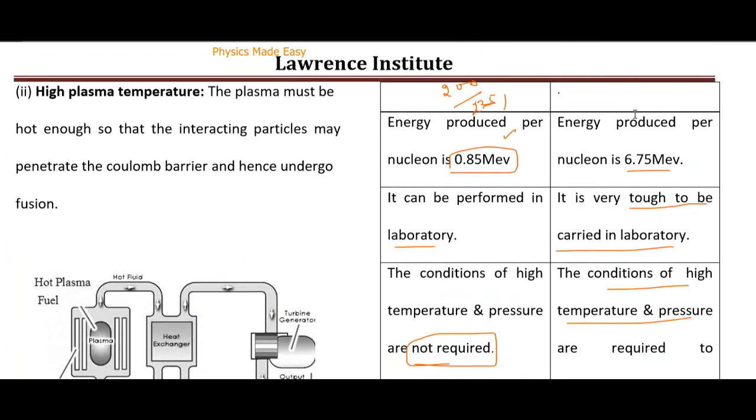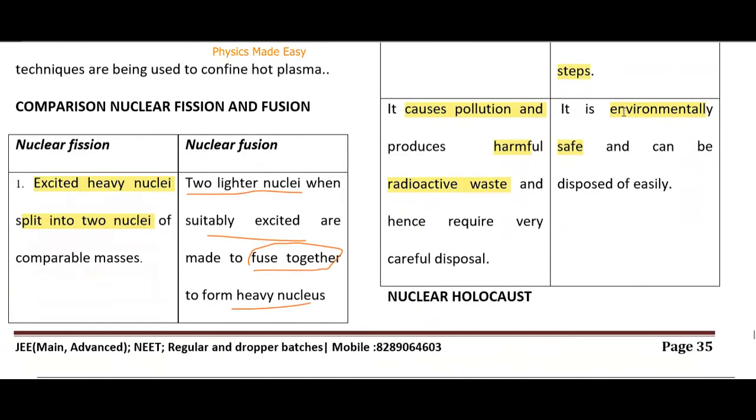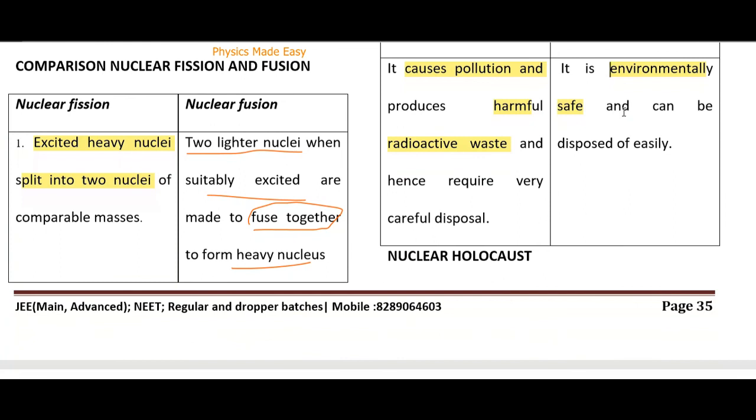Now, another important difference which has been left out: in fission, we need critical size and critical mass. In fission, we have the concept of critical size and mass. In fusion, there is no concept of critical size and critical mass.